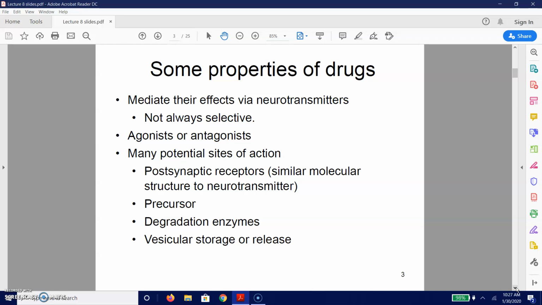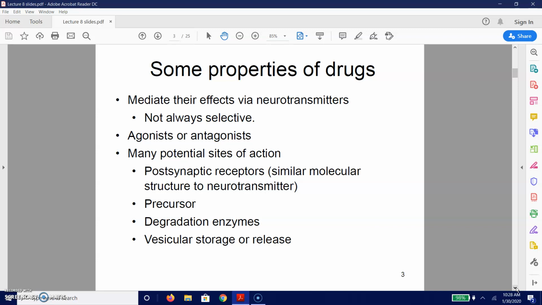Not all drugs are selective, so they're not always selective for specific neurotransmitter systems. Some will enhance all neurotransmitters or inhibit all neurotransmitters. They can either be agonists or antagonists, and they have a lot of different sites of action, as we saw in the previous figure.